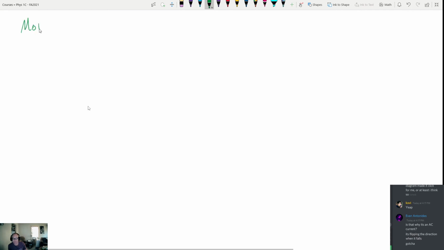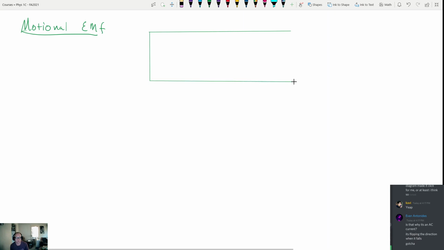So let's talk about motional EMF real quick. This is really fast, but it's also going to be really useful for your homework. So consider the following scenario. Suppose that I have a set of wires that are connected like this. I have a long wire bent in the shape of a U. There's my wire, okay?